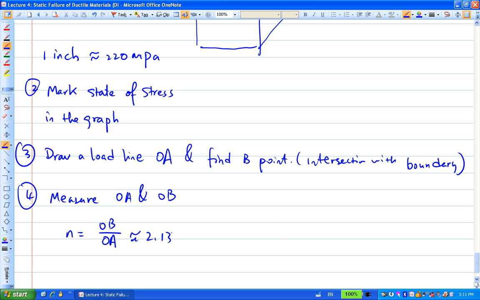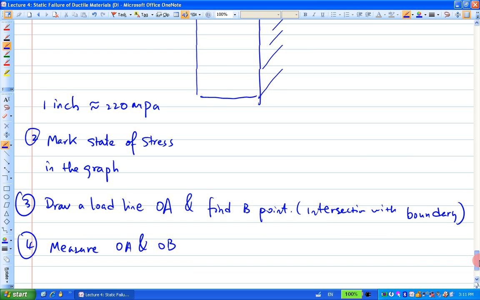So that's your approximate value. Your actual safety factor, if you remember the formula, is SYT, 220, over sigma 1 minus sigma 3, and you're in the first quadrant, so it's just divided by the sigma A value of 100, so that's 2.2. So pretty close.